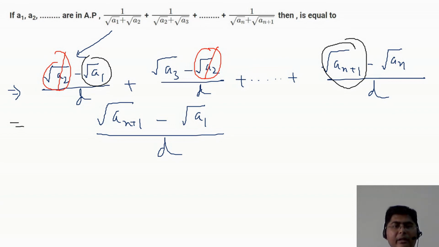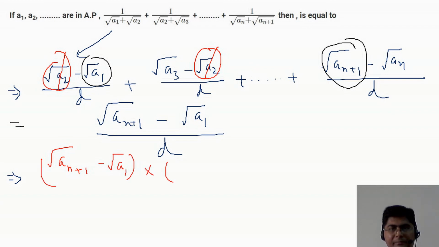Okay, we are almost close to the solution, but we need to do something else. Now see here, we cannot have any relation because root over a n plus 1 and root over a1 have no relation, but we know that a n plus 1 and a1 have one relation that we derived earlier. So what should we do? We are just multiplying root over a n plus 1 minus root over a1, then multiplying.